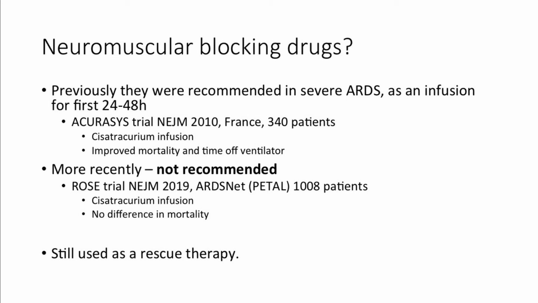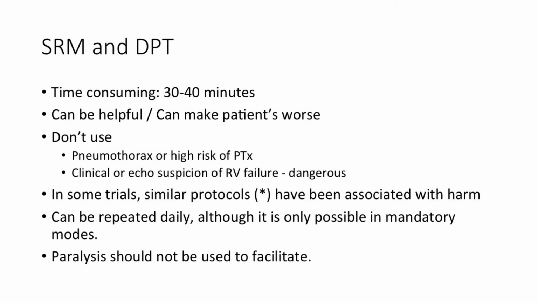So the Americans, the ARDSNet group, which is now called the PETAL group, put together a trial which completed and published last year. It is three times the size, and it showed no difference in mortality. So since then, we don't use cisatracurium infusions routinely, but we can give boluses if we're struggling. That's still reasonable to use as a rescue therapy, but we don't use it as a routine measure. That's all I'm going to say about neuromuscular blockers.